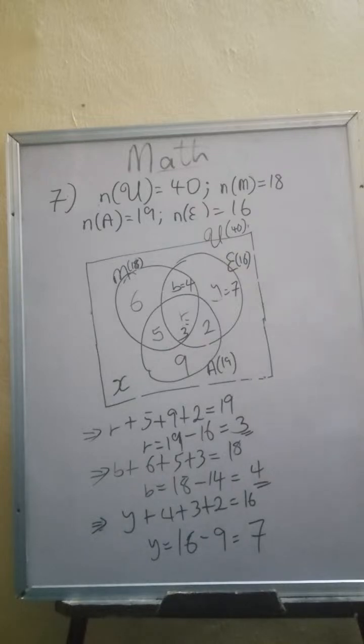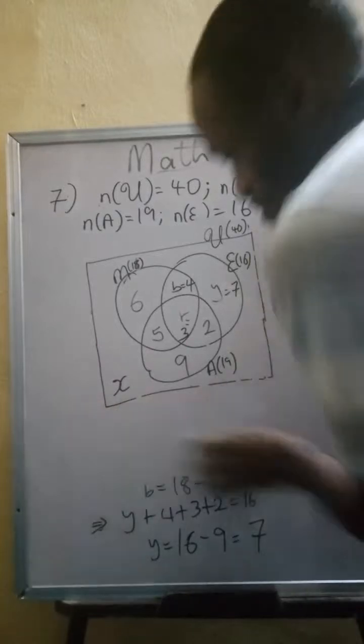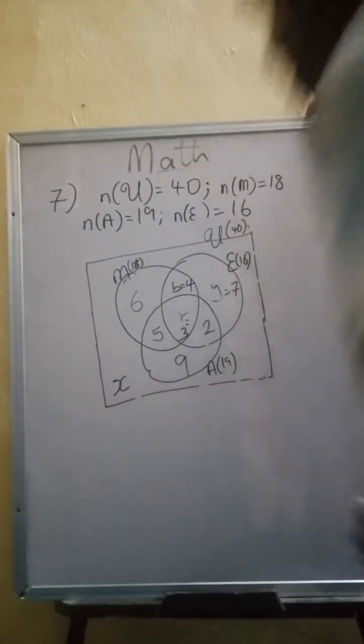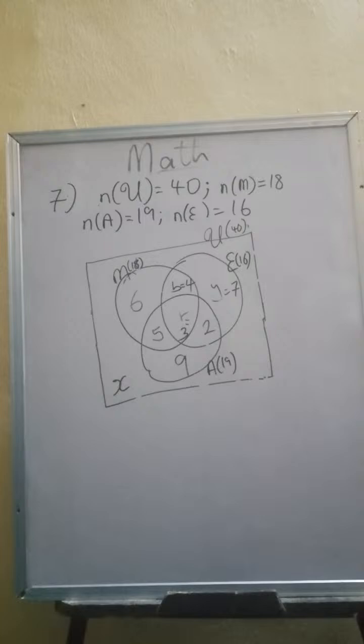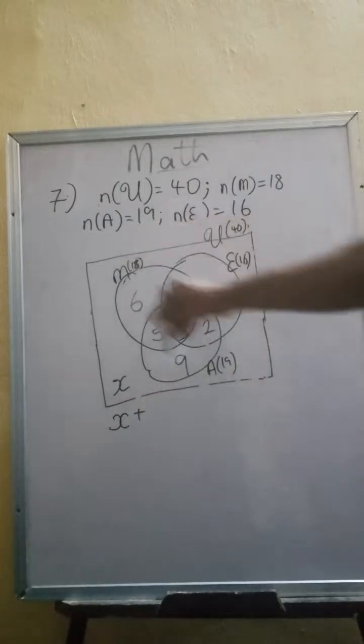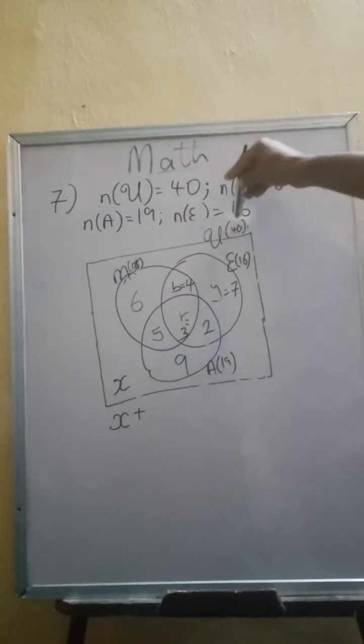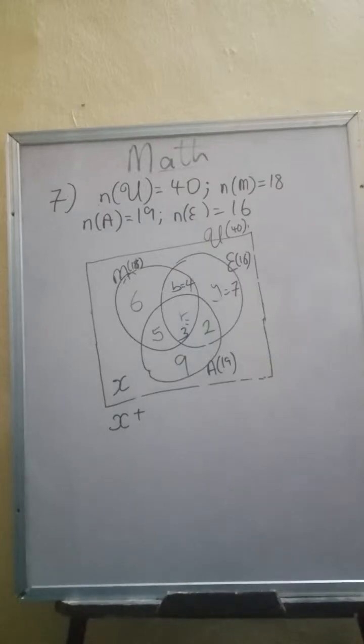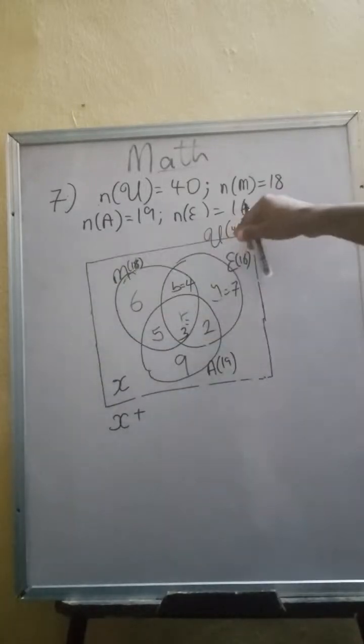Now we would want to find X. Just permit me to wipe this part. Since the values have been gotten, x plus all the values we have here equals 40, because they are all under the coverage 40.